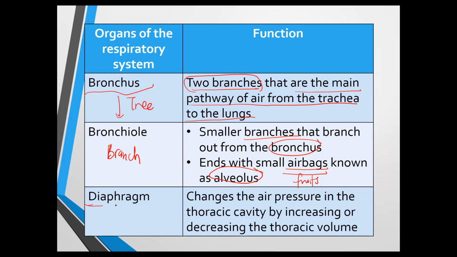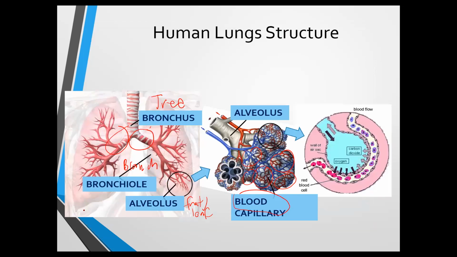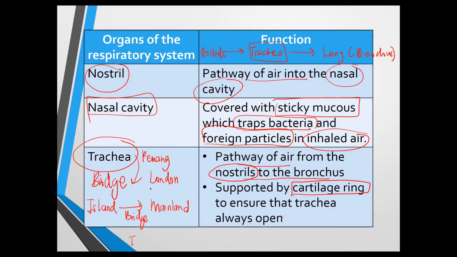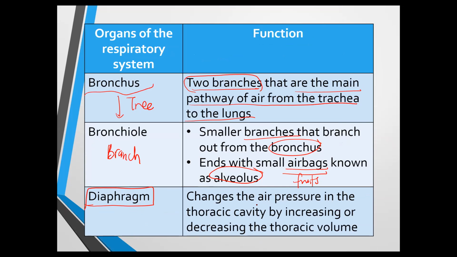Now this diaphragm, if you remember the one that teacher mentioned at the bottom, will change the air pressure in the thoracic cavity by increasing or decreasing the thoracic volume.